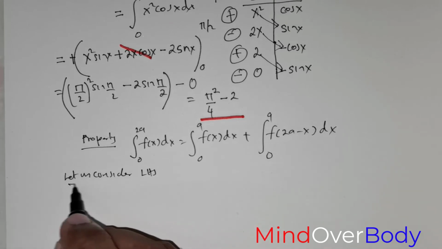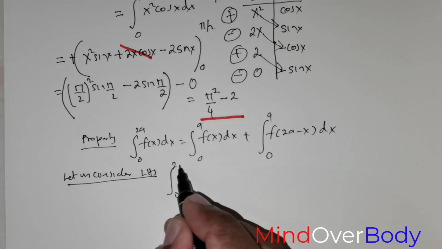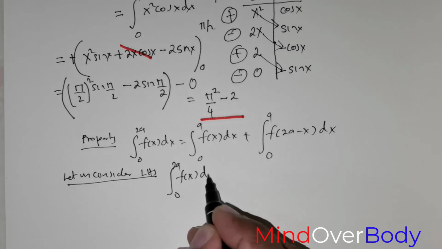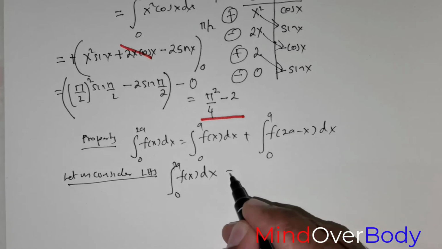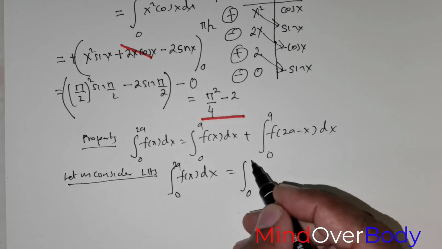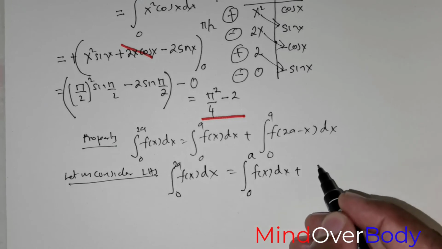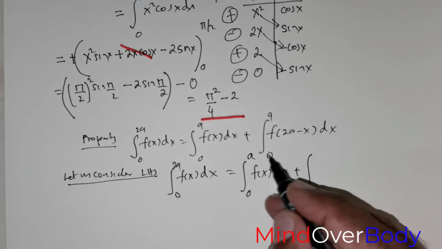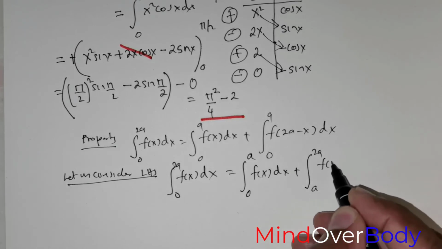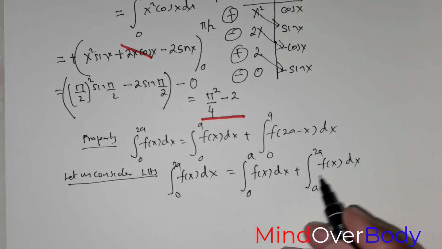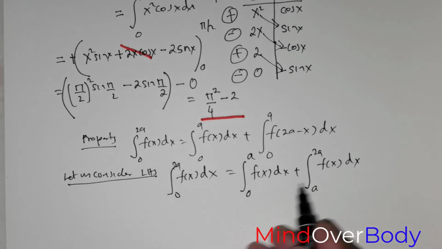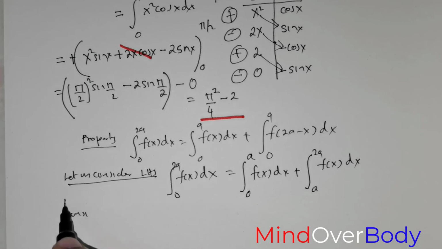So what do we have on the left hand side? Integral 0 to 2a f of x dx. I can rewrite this as integral 0 to a f of x dx plus integral a to 2a f of x dx.